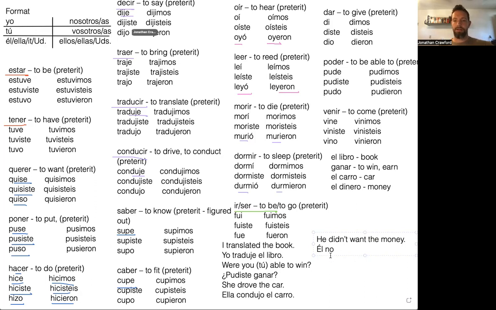In the preterite, he didn't want. Él no quiso. And then how do you say money? The money. El dinero. Él no quiso el dinero.